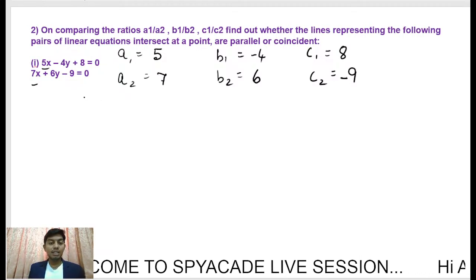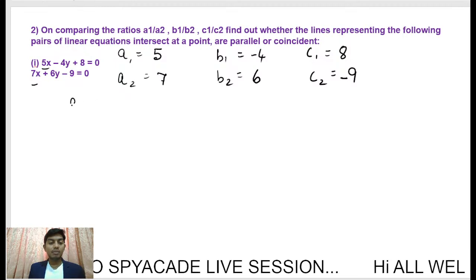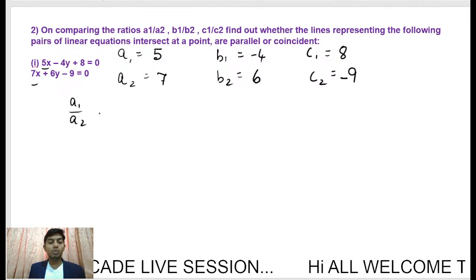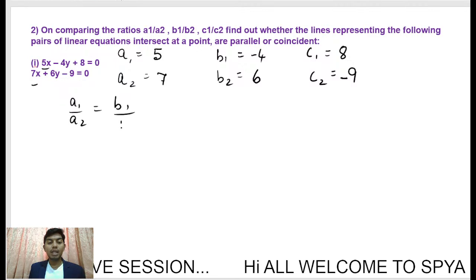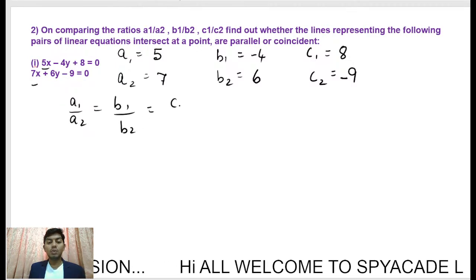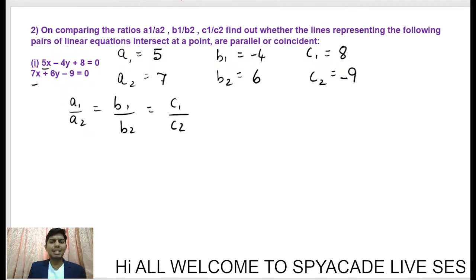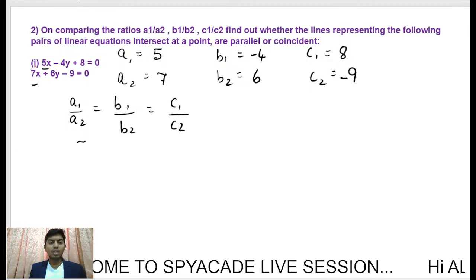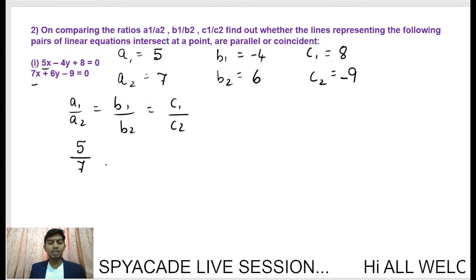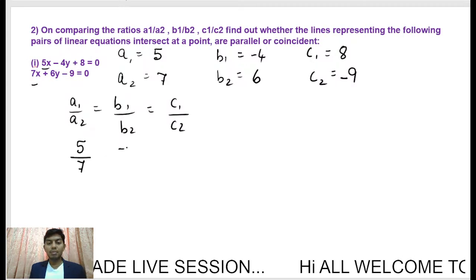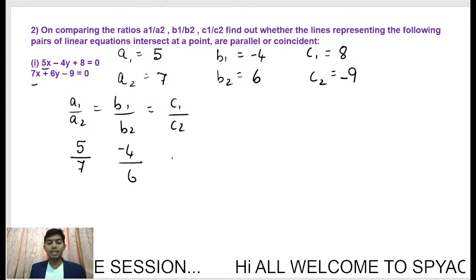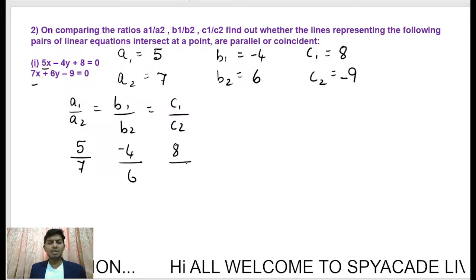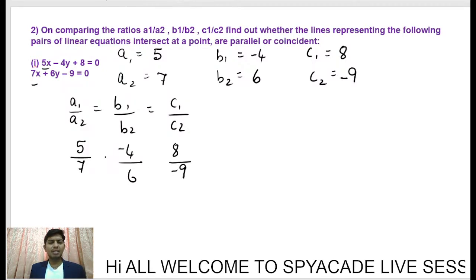So let us find this. A1 by A2 is equal to B1 by B2 is equal to C1 by C2. This is just the condition I'm writing. We have to check whether it is right or wrong. 5 by 7. Okay, and then B1 by B2 is minus 4 by 6 and then 8 by minus 9.